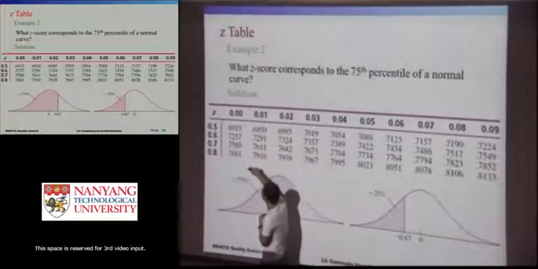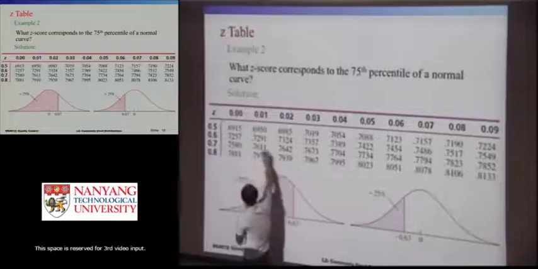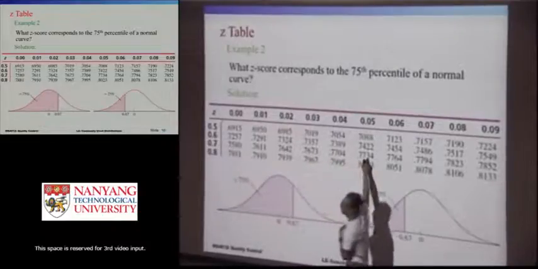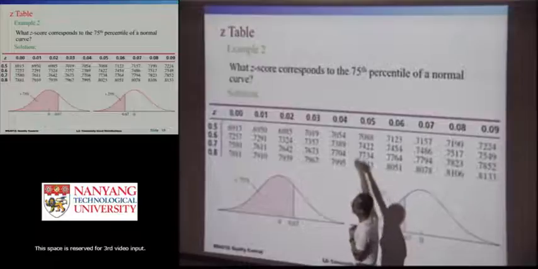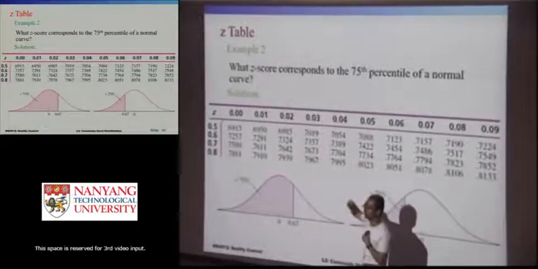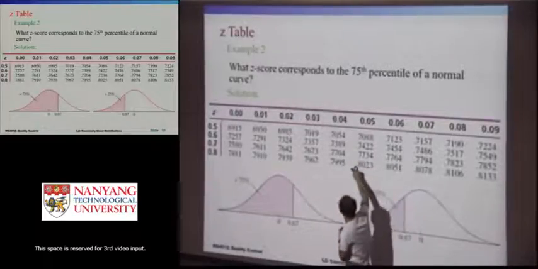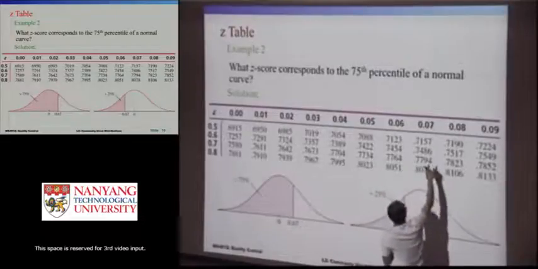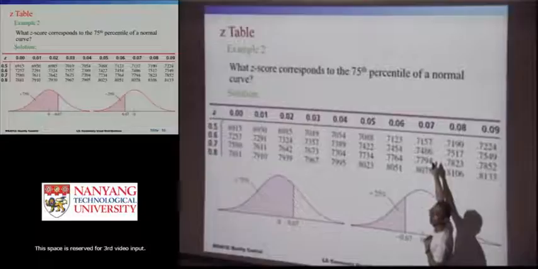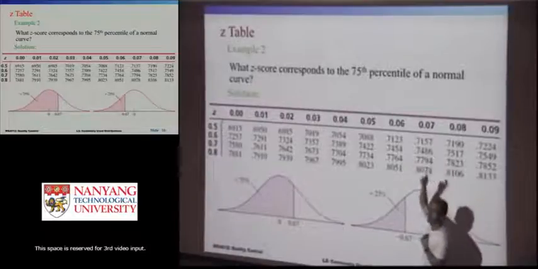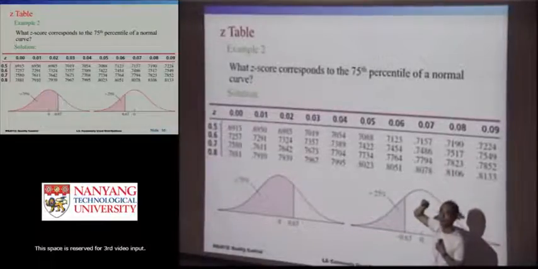Should I look at this one, 0.75? No. We should look within the table for the closest value to 0.75. So it's either here or here, something in between. In this case, both answers are correct.